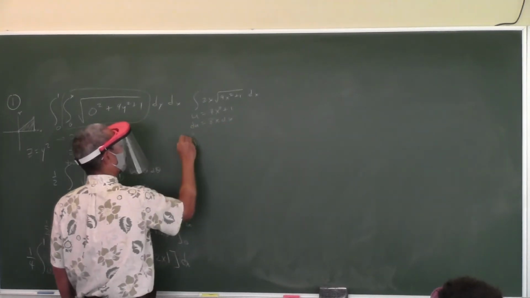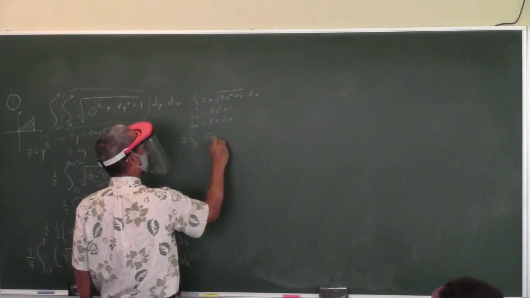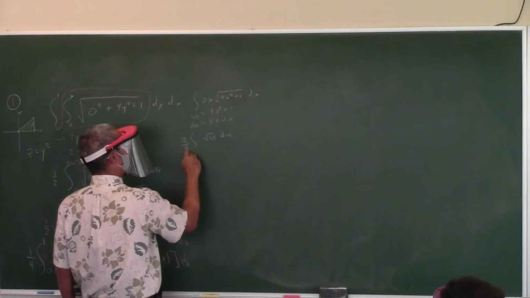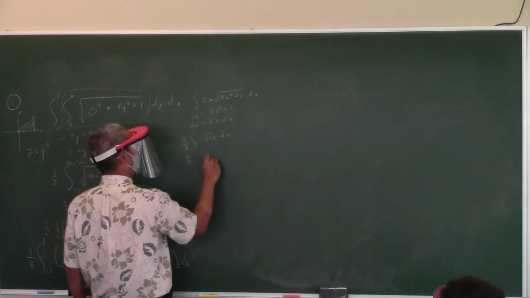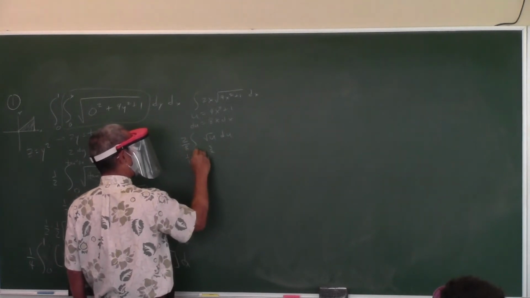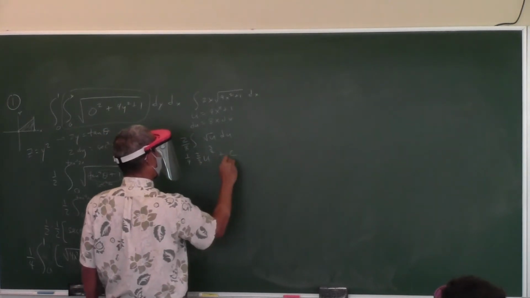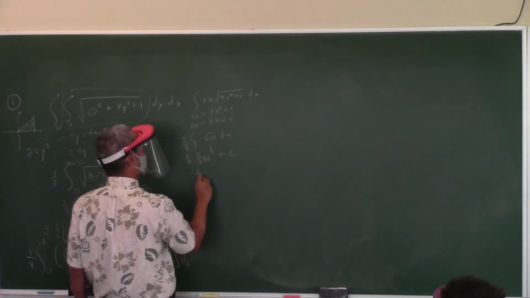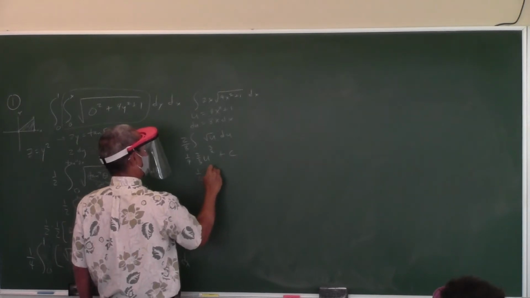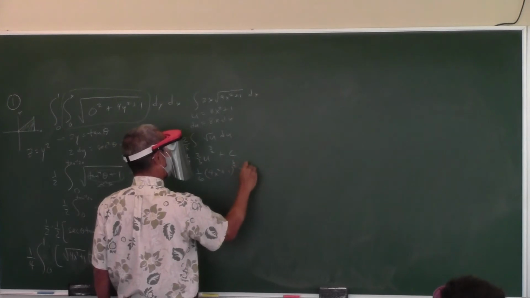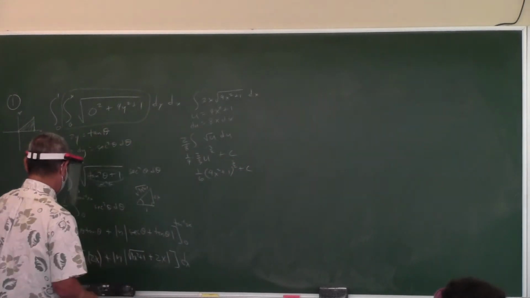So you get the integral of 2 root u, and x dx is 1/8 du. So this is 1/4 u to the 3/2. You guys have to check if I make a mistake here. Plus c. So you get 1/6 (4x squared plus 1) to the 3/2 plus c, correct? Yes. So that's that one.